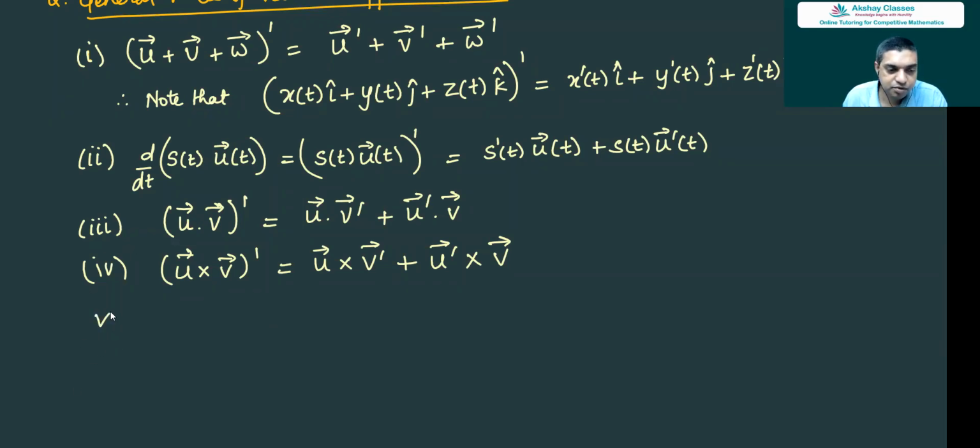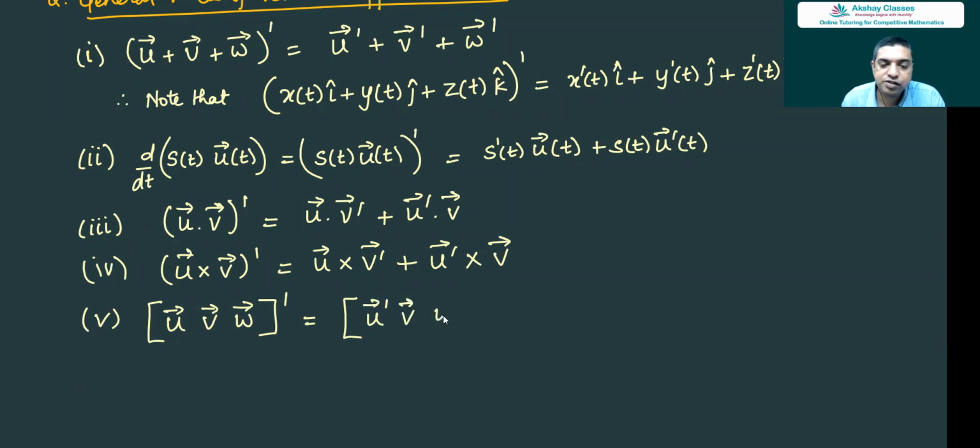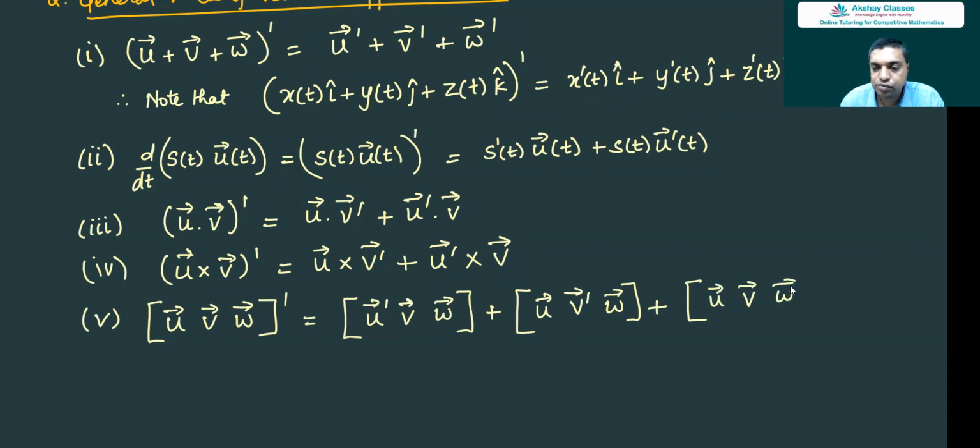Now, if it is u v w, the derivative of the scalar triple product: derivative of the first function keeping the other two same with the triple product, then derivative of the second keeping the other two same, plus the derivative of the third keeping the other two same.